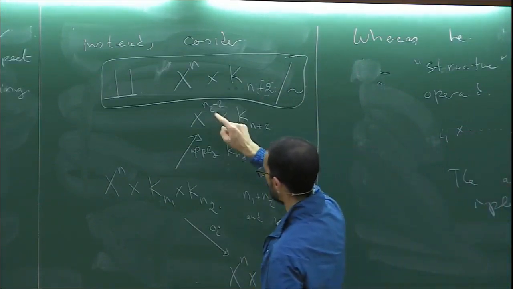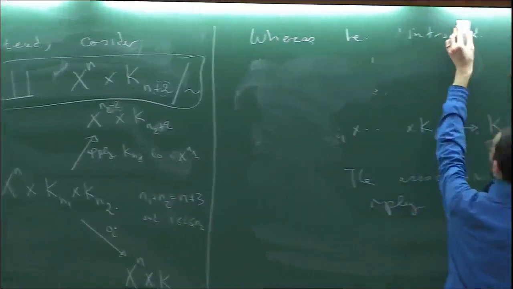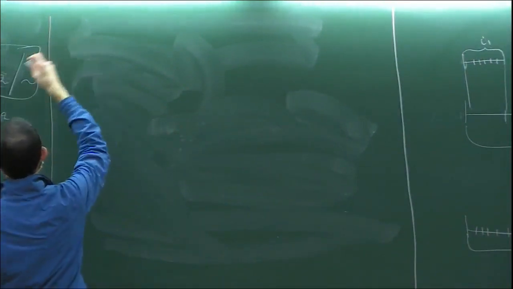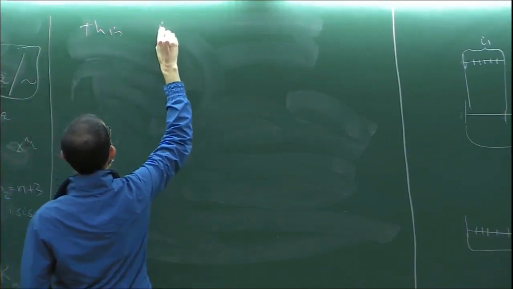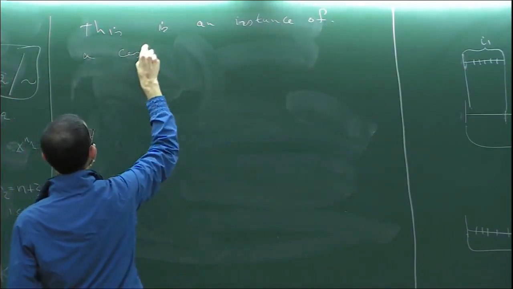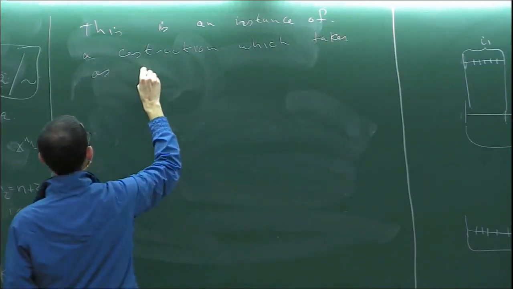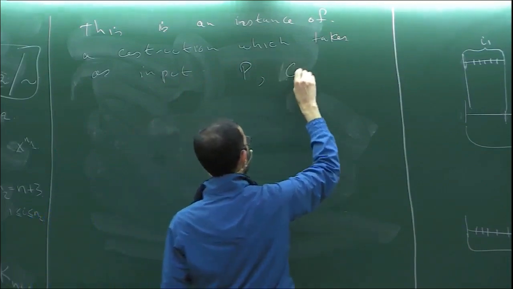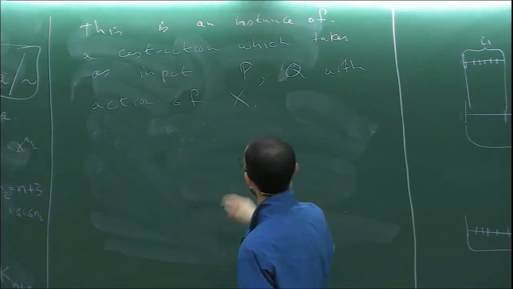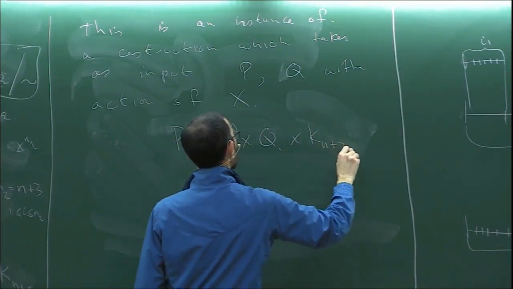Well, it's because secretly, just like in the bar construction, this is an instance of a construction which takes as inputs spaces P and Q with actions of X. And then in general, you would be doing P cross X to the n cross Q cross K n plus 2, and then you understand why there is an n plus 2 there.